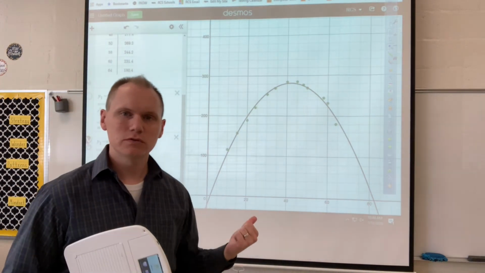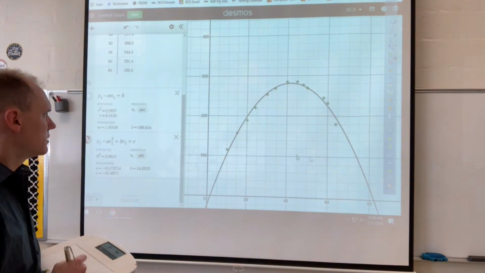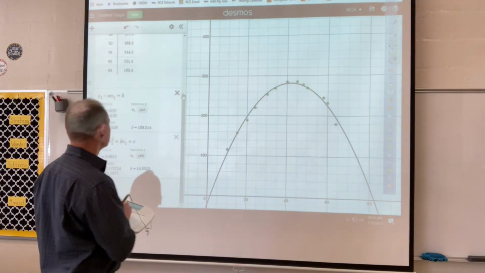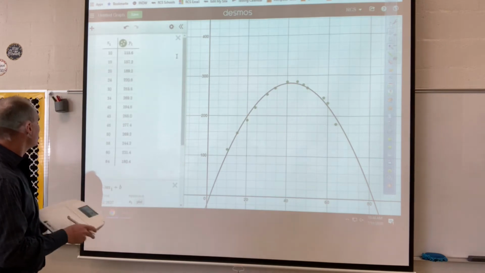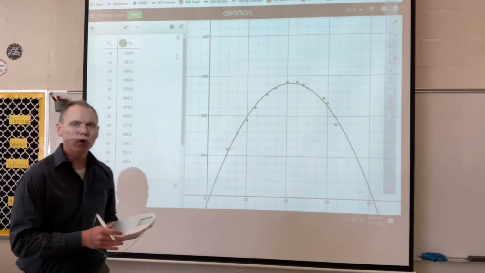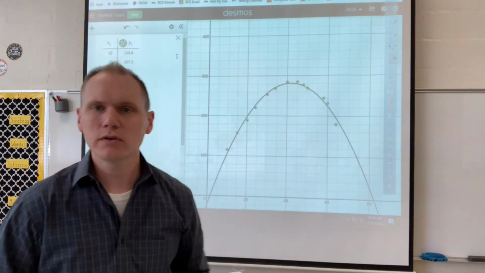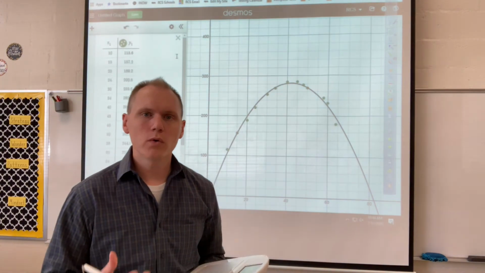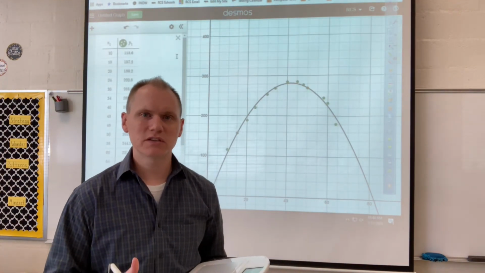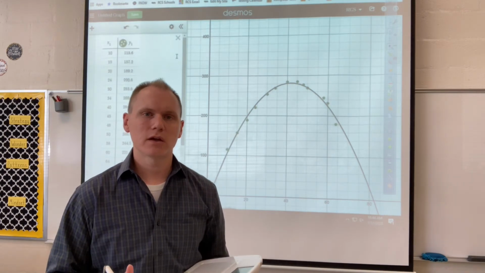But Desmos is really nice because it allows us to find out other things about this situation. So if you look at the angles, we went from 10 and the largest one was 64. What if we wanted to know about maybe an angle of 70? What would be the best prediction for the distance of the ball in flight if the angle was 70?